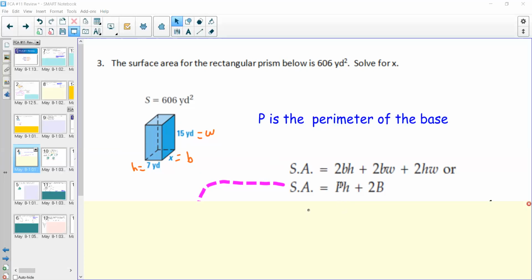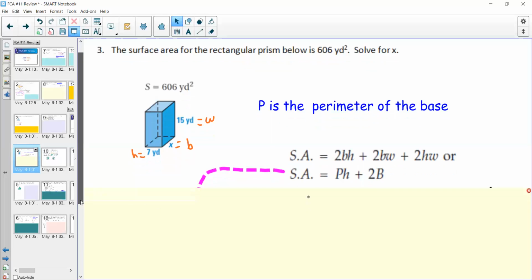In this formula, capital P is the perimeter of the base, and capital B stands for the area of the base. We could use either of these 2 formulas. Base B times H, that's like the length.